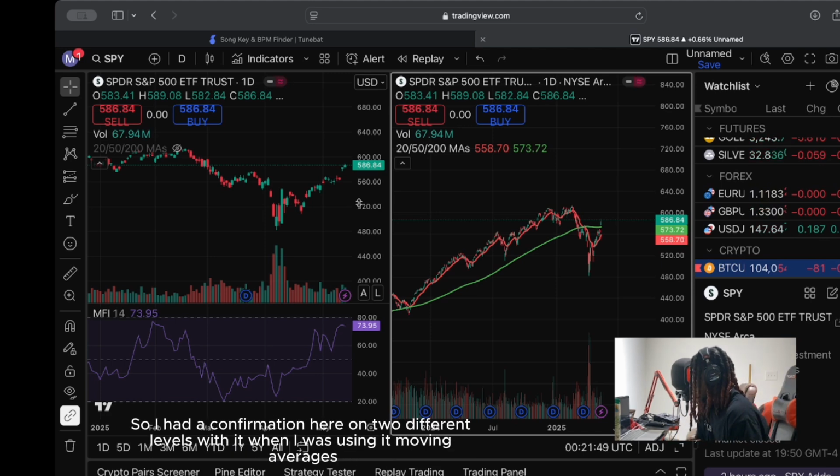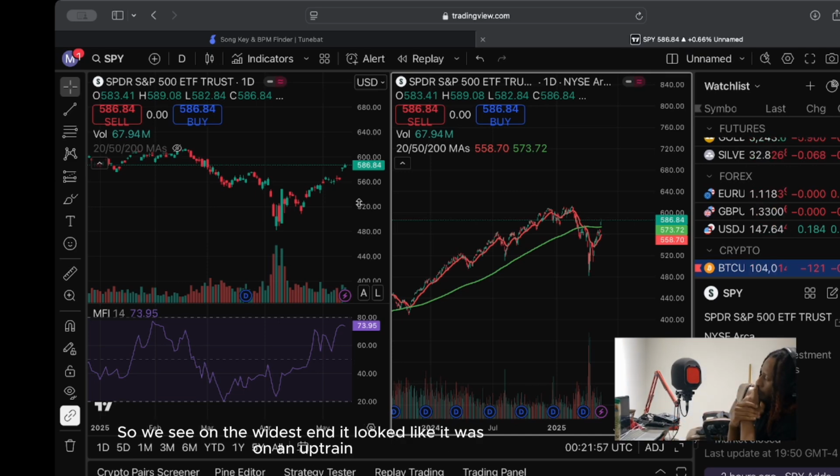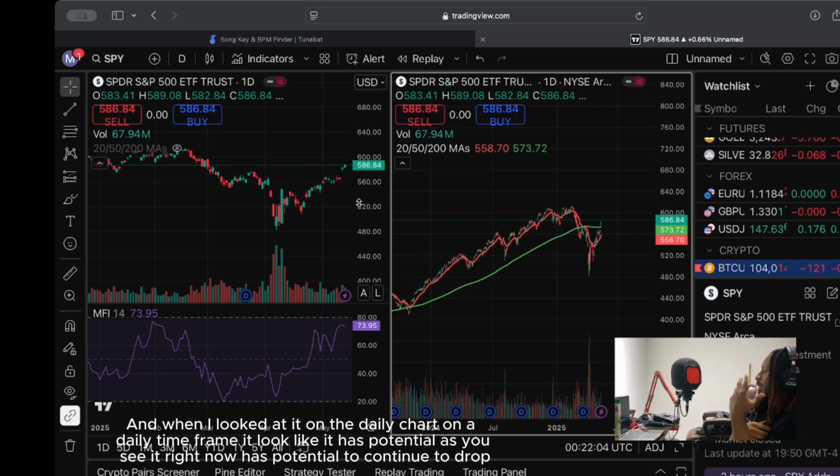So I had a confirmation here on two different levels when I was using the moving averages. On the widest end, it looked like it was on an uptrend. And on the daily time frame, as you see right now, it has potential to continue to drop.